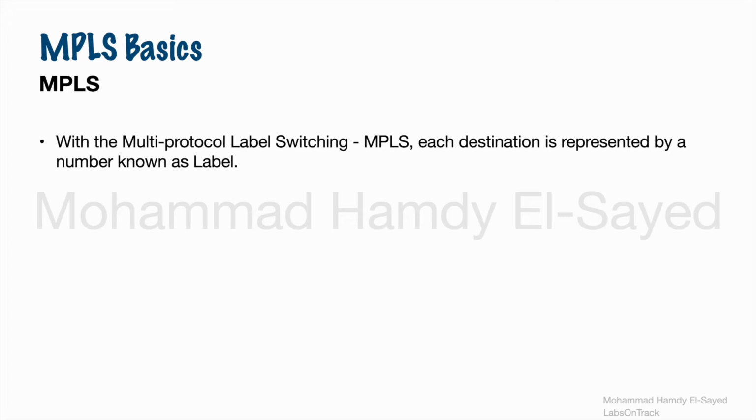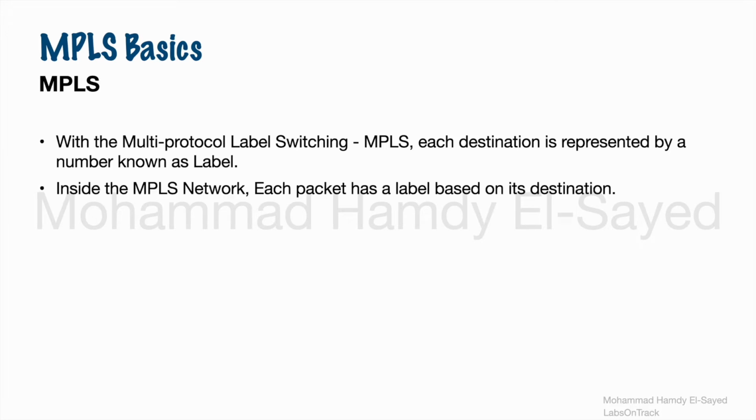In this slide, we can summarize what we've said in the last diagram. With multi-protocol label switching, MPLS, each destination is represented by a number known as a label. Inside the MPLS network, each packet has a label based on its destination.